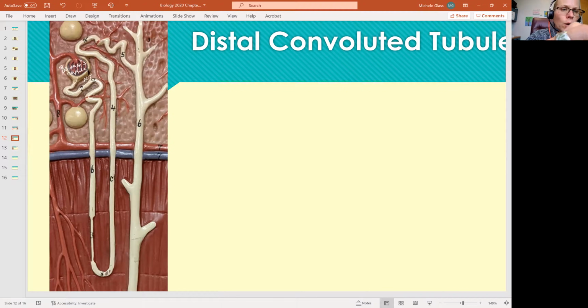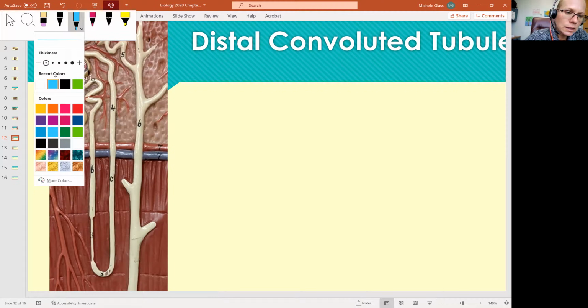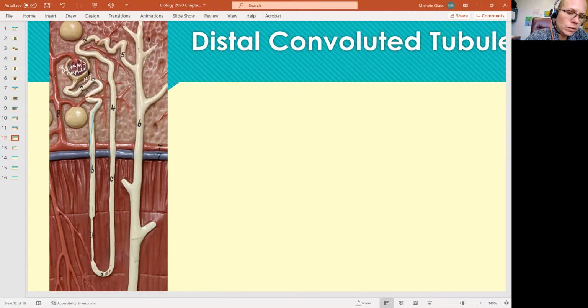From there, we moved into the descending limb of the loop of Henle. And notice here in the descending limb, I'm using a blue color to indicate that this is the section where you continue obligatory water reabsorption.